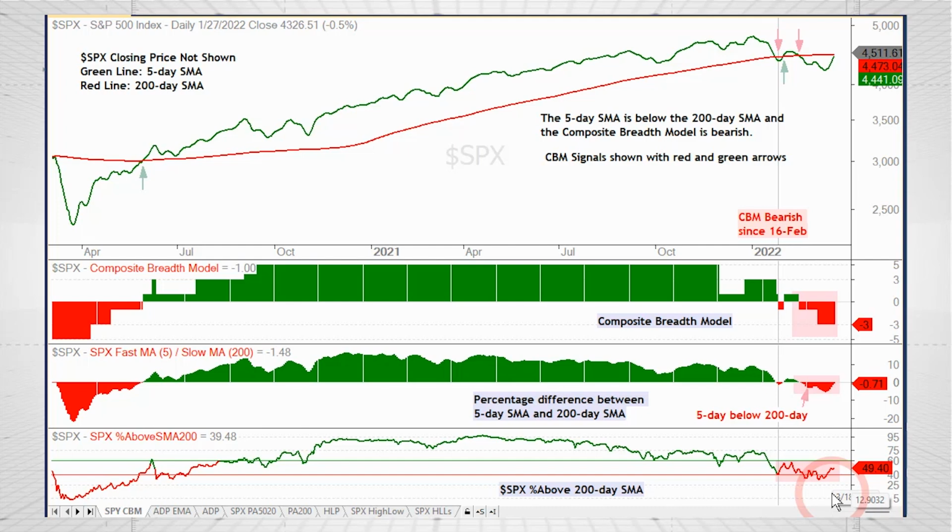Because if you use 50%, you're going to get a lot of whipsaws. And to reduce those whipsaws, I put my bullish threshold a little higher at 60%, and my bearish threshold a little lower at 40%. But the bottom line here is the weight of the evidence is bearish. At least it's not bullish as far as the broader market is concerned. And that means if you're looking to go long stocks or ETFs that are stock related, you're going to have a headwind.